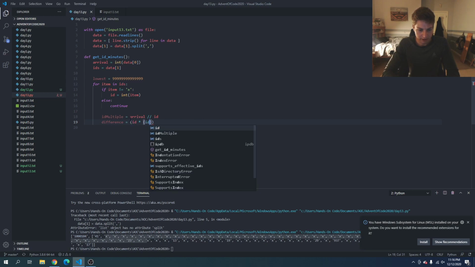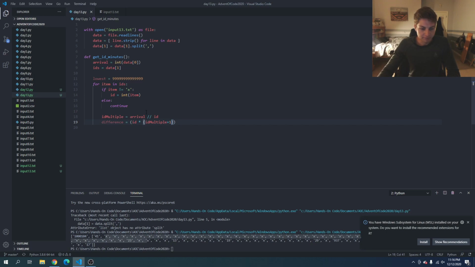times ID multiple plus 1. If we just multiply ID by ID multiple, then that'll give us a number lower than arrival. But if we do the next multiple, then that'll be the first multiple of ID above our arrival time. And then we'll say minus arrival. So the difference between the first multiple of ID and arrival time. And then we'll say if difference is less than lowest, then lowest, of course, will be equal to difference.